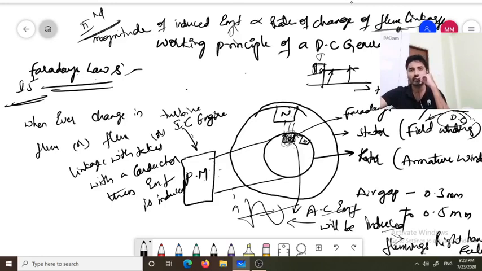As the EMF is induced in the armature, and EMF is nothing but a voltage, a voltage will be induced in the armature. Since the armature is a closed path, the current will be passing through this armature. Before going to that, we are talking about a DC generator, so we want output as a DC, but in the armature you are getting an AC EMF.